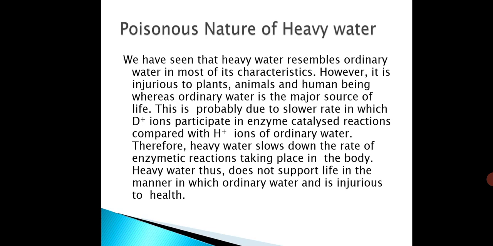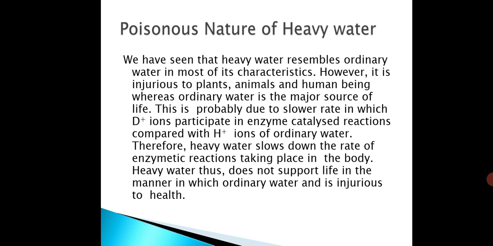Now coming to the poisonous nature: we have seen that heavy water resembles ordinary water in most of its characteristics. However, it is injurious to plants, animals, and human beings, whereas ordinary water is the major source of life. This is probably due to the slower rate at which D+ ions participate in enzyme catalyzed reactions.